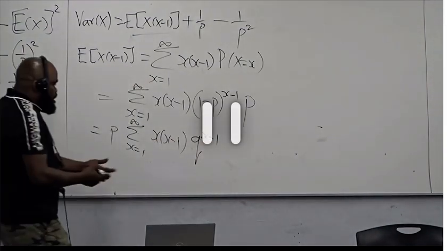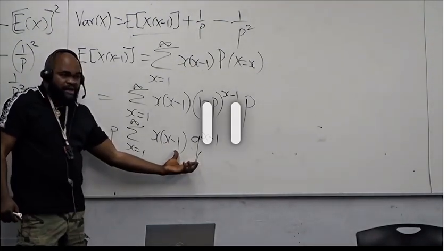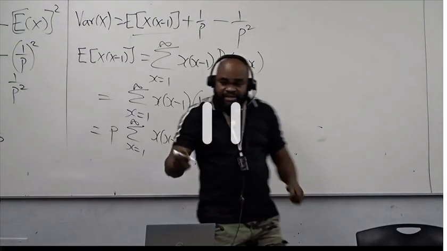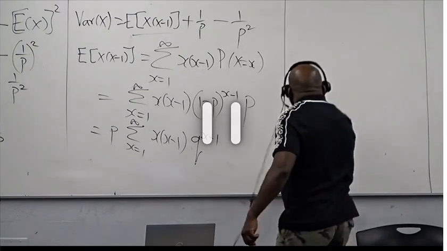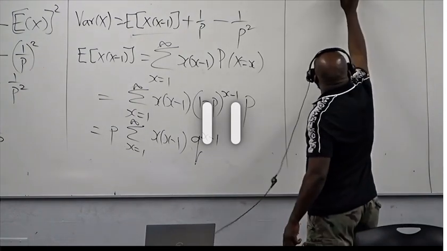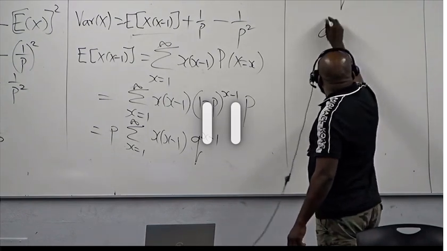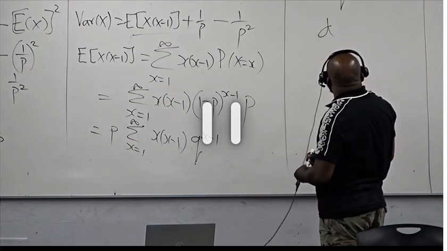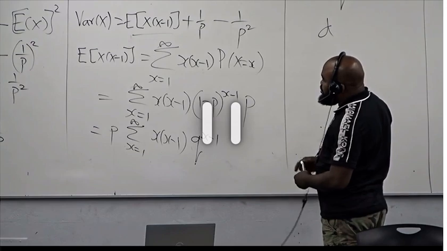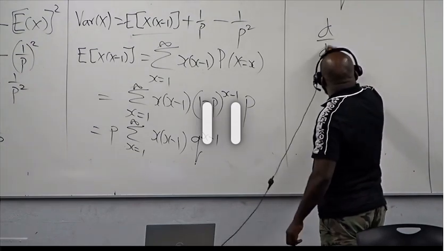Now I want to do something again, just like what I did the other time. Take a look at this. If I have Q raised to the power X and I differentiate, it's supposed to be d dq.